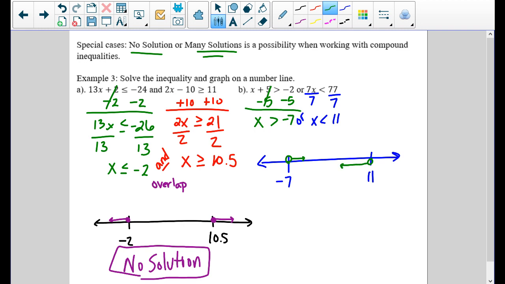Now, again, this is an or statement. So anything bigger than negative 7, or anything smaller than 11. When you look at that graph, that's going to include every single number. Okay, so this is our many solutions.